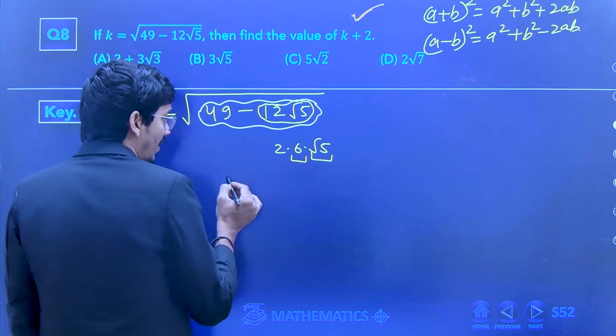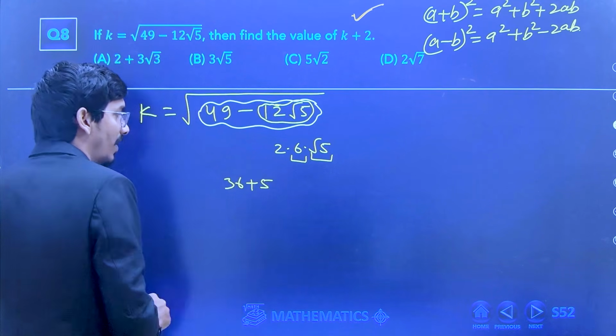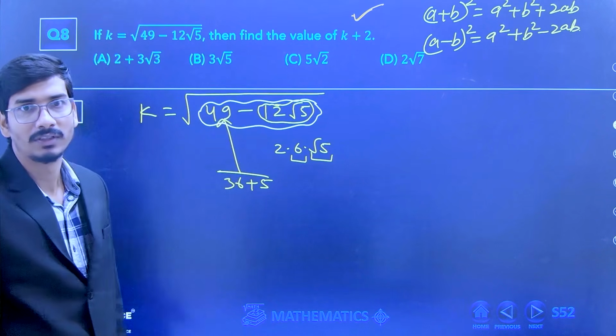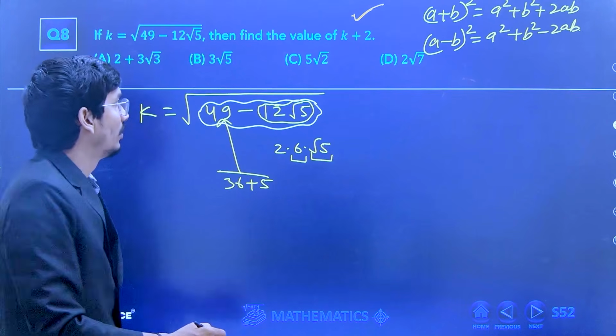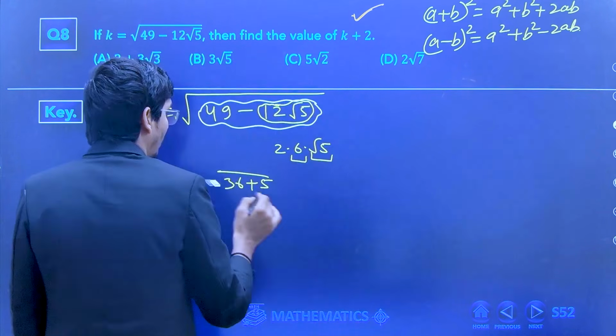What is the value of 6 square? 36, and B square, root 5 square, is 5. 36 plus 5 is not coming 49. Means this is not correct. So we will think of another combination.